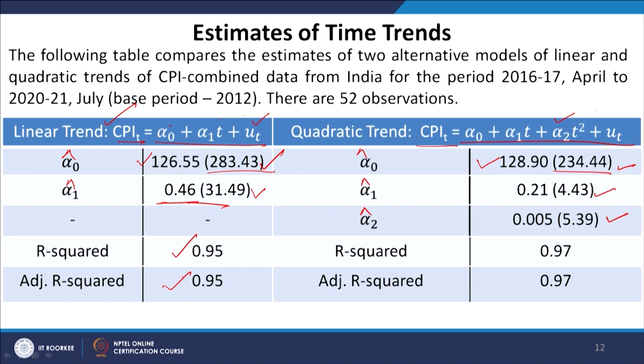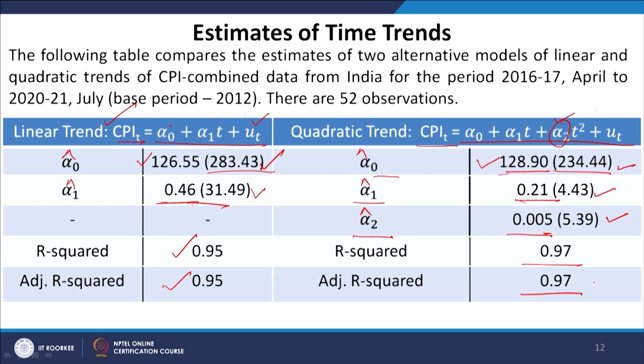And when we consider the quadratic trend, what we observe is that alpha naught is again a big value, alpha 1 has slightly come down now, but this is still significant, it is now 0.21, and alpha 2, the coefficient of the quadratic term, is very small, but it is also significant, it is 0.005. I have mentioned here only up to 3 decimal points, because otherwise for 2 decimal points it would have been simply 0.00.